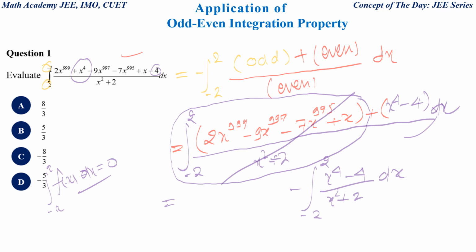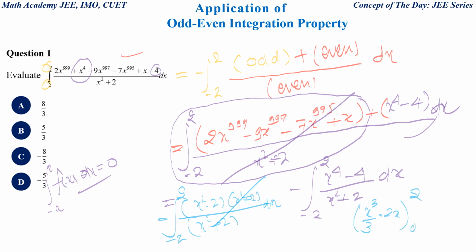Now apply the algebraic property. We will split it as x square minus 2 times x square plus 2 divided by x square plus 2 dx, with limits minus 2 to 2. The x square plus 2 will cancel out, and just apply the power rule of integration: x to the power 3 by 3 minus 2x. At the same time you can apply the even property, because this function is an even function.